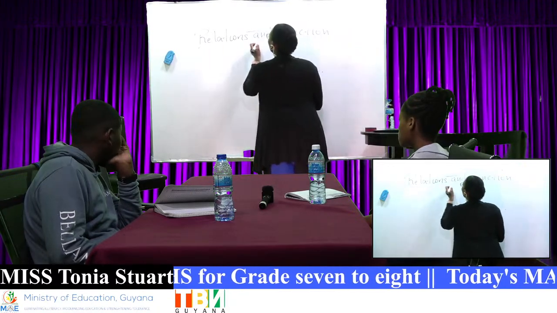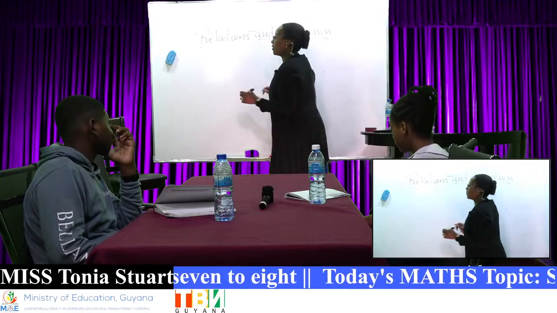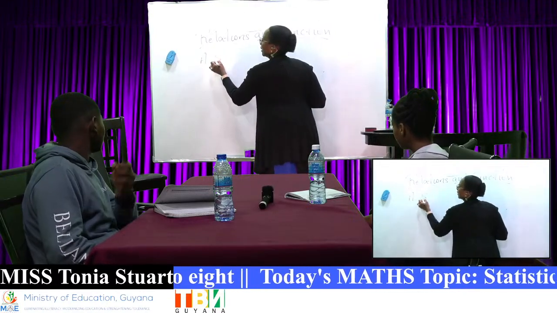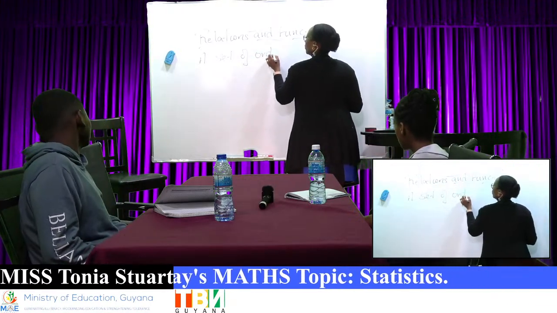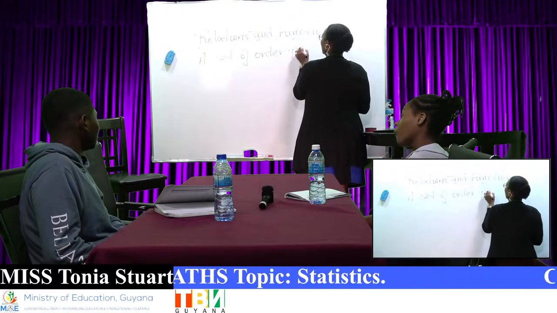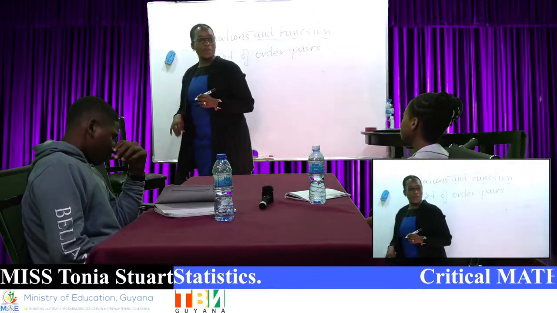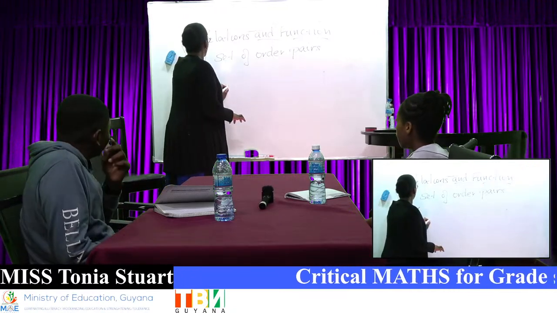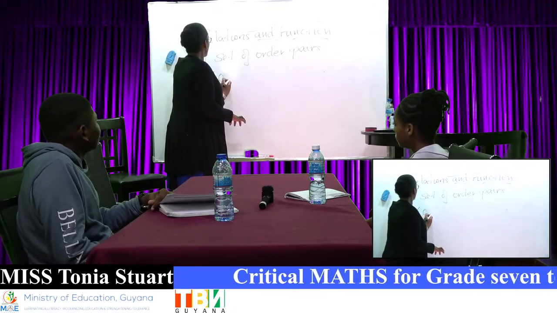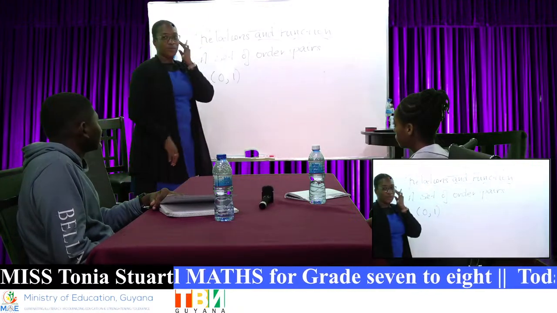So a relation in mathematics is basically a set of ordered pairs. What do I mean by a set of ordered pairs? For instance, 0 and 1. This is an ordered pair.